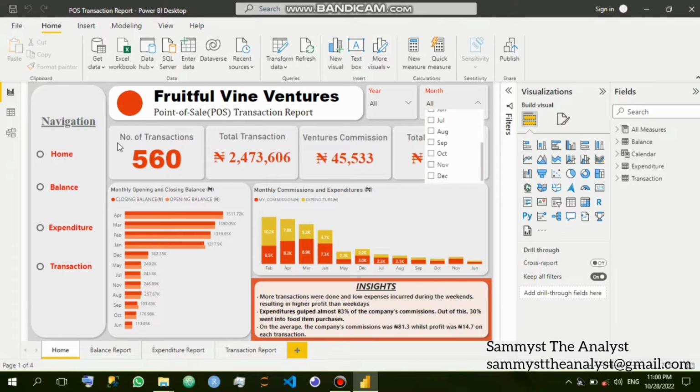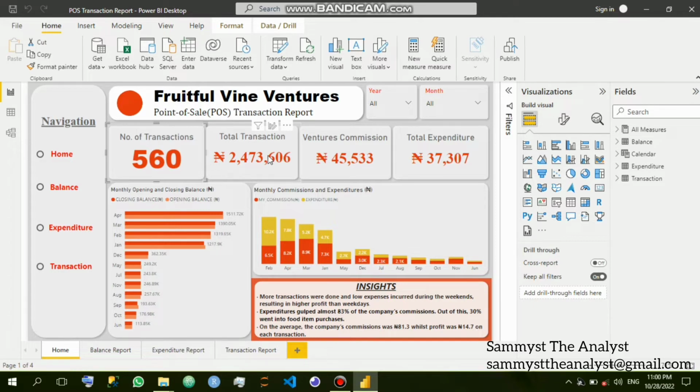Now when we come here, these are the numbers of transactions that were carried out in the time frame of this data. There were 560 transactions, which produced the total amount of 2,473,606 naira.